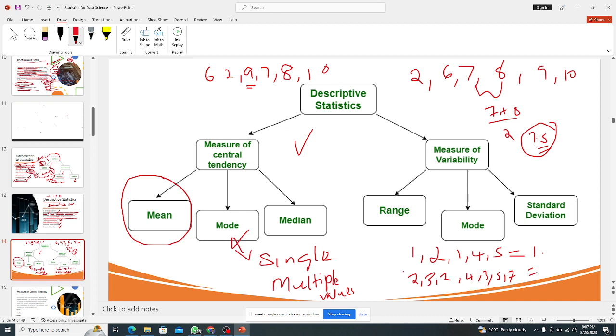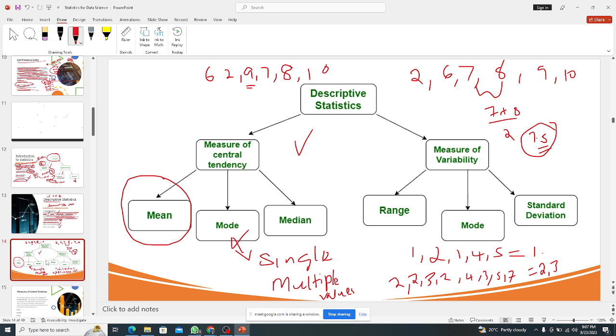What will be our mode? 2 and 3. Yes, 2 and 3. What about if I had 2? What will be our mode? 2. Yes, correct. Good.